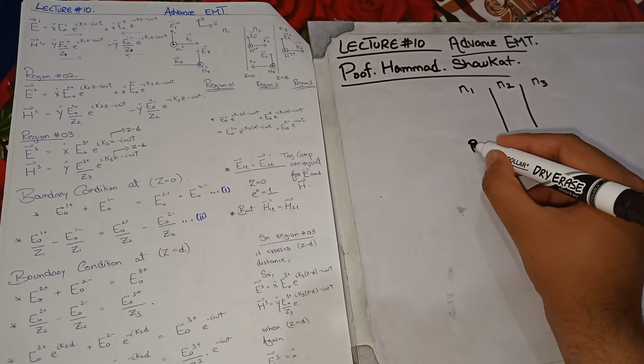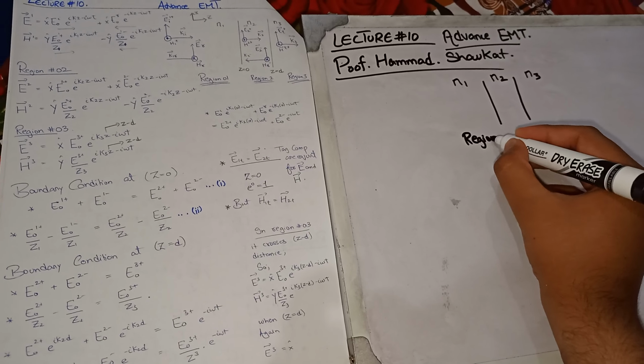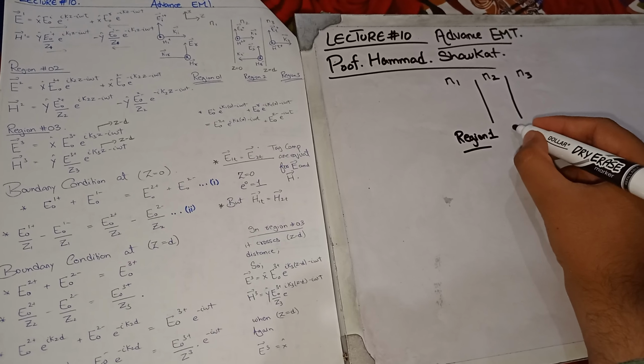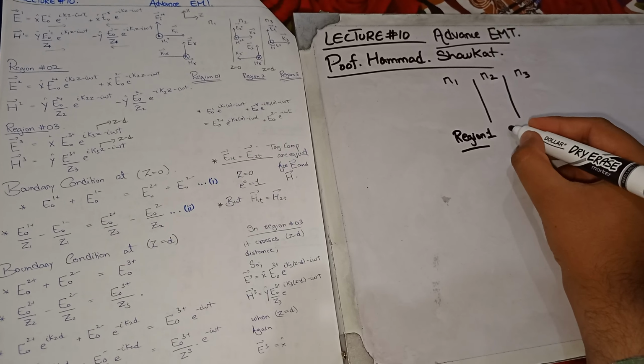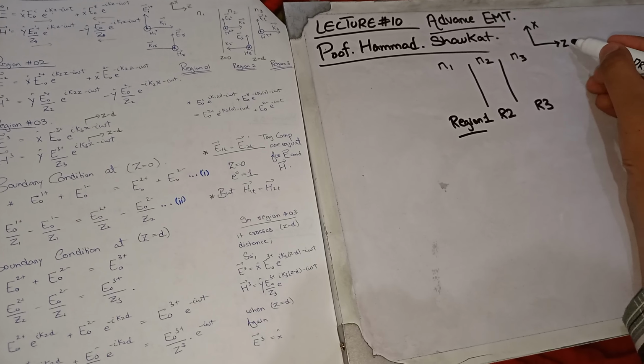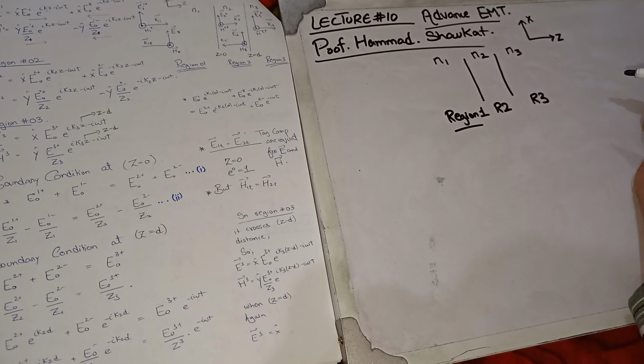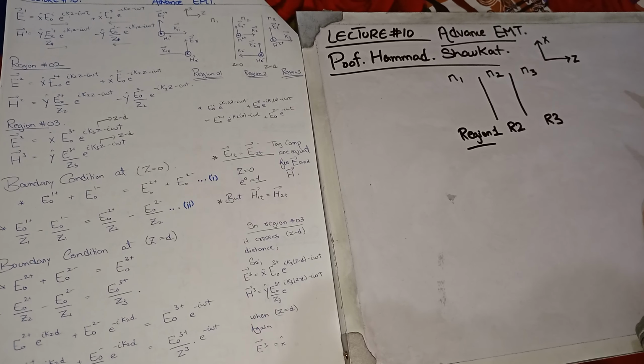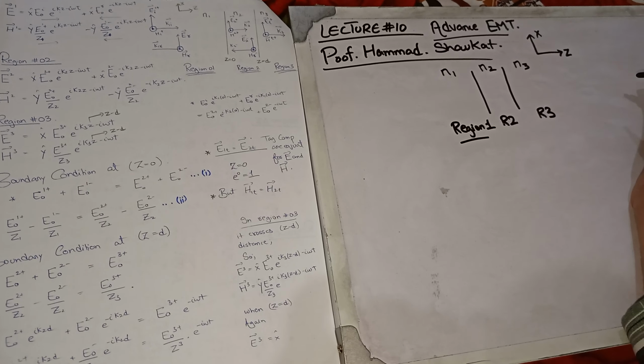This is region 1, this is region 2, denoted by R2, and this is region 3, denoted by R3. First of all you have to set your coordinates. Let's assume z is in this direction and x is in this direction. These are the coordinates you have to initialize before solving this problem.